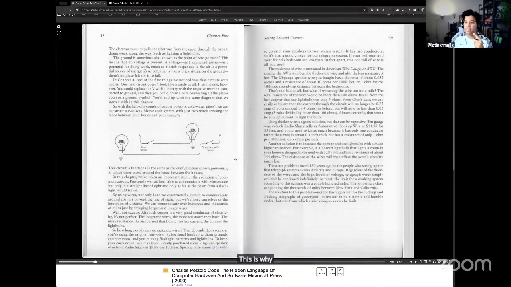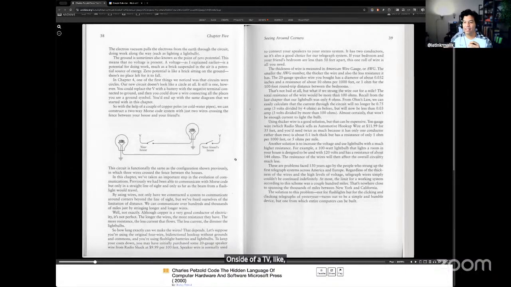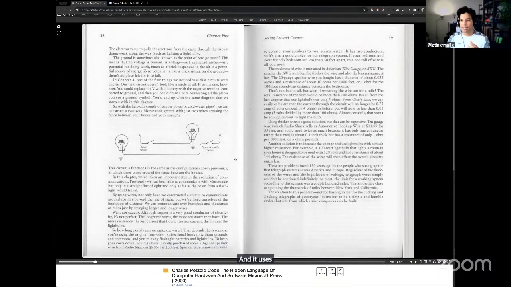This is why, if a lot of you grew up especially in tier two or tier three cities, having a big stabilizer was a common sight. I remember growing up with a voltage stabilizer on top of a fridge, on the side of a TV, anything that would need a lot of current. It would stabilize the voltage in case the voltage source was very erratic, and it uses a bunch of capacitors to reduce the impedance.